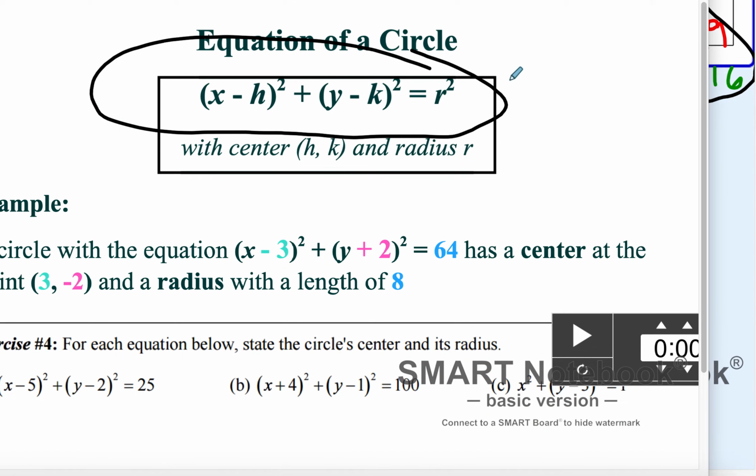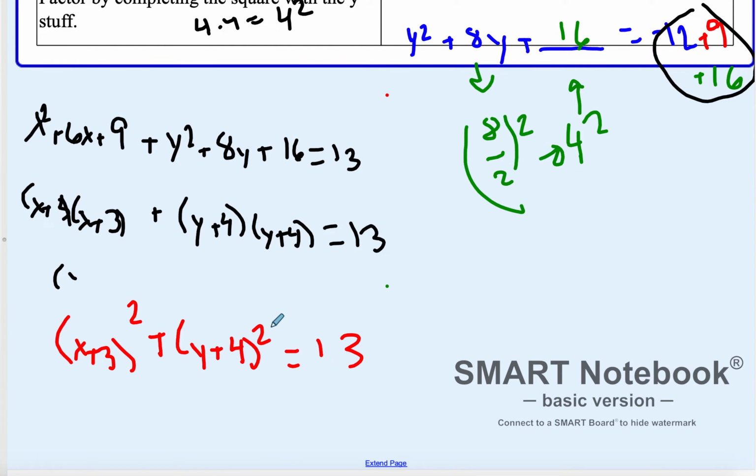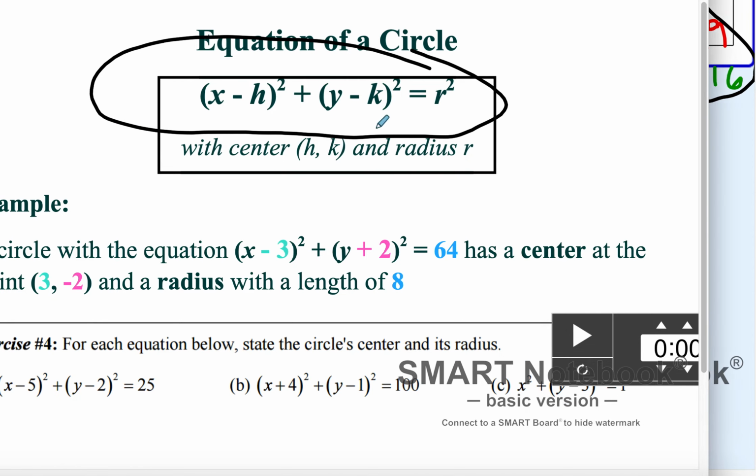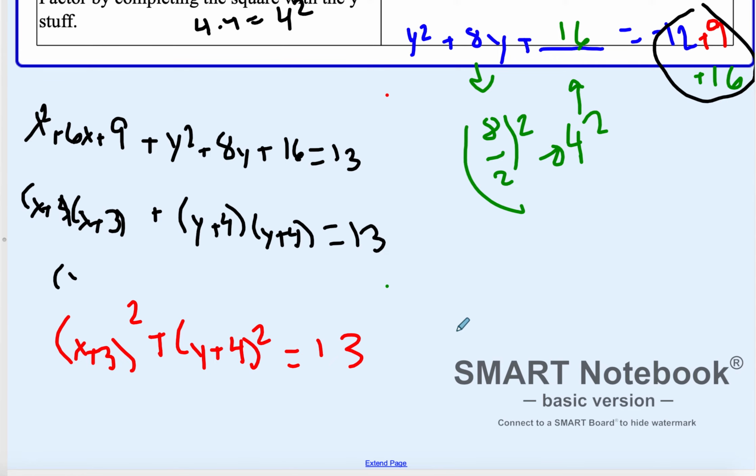And this is the equation of a circle. It asks, what's the center and what's the radius? We just made it look exactly like the center-radius equation. So we know that my center is negative 3, negative 4, and my radius, since this is r squared, is equal to the square root of 13.